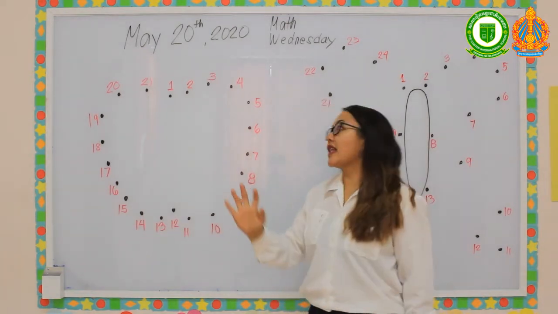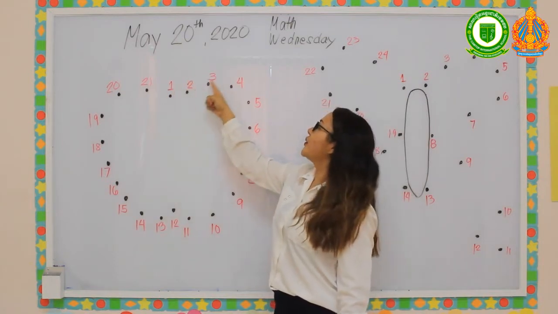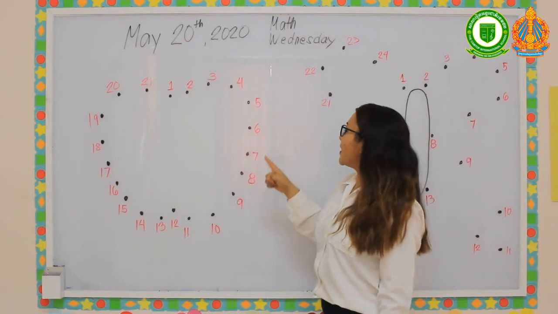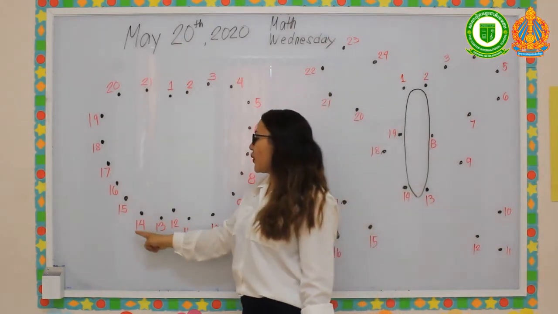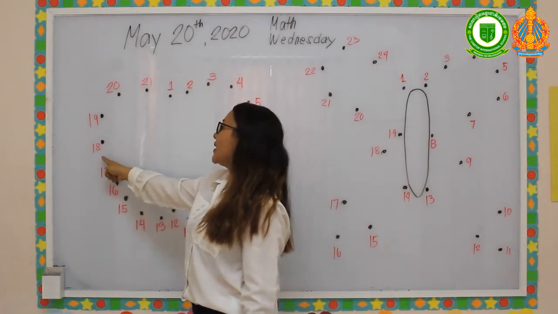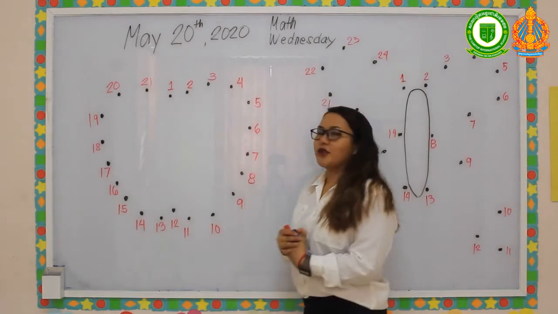If you notice, I wrote the numbers here. So let's count. 1, 2, 3, 4, 5, 6, 7, 8, 9, 10, 11, 12, 13, 14, 15, 16, 17, 18, 19, 20, 21. So disregard 21.